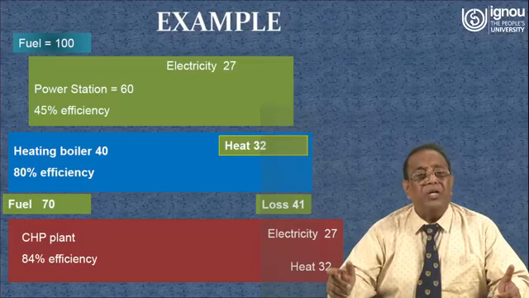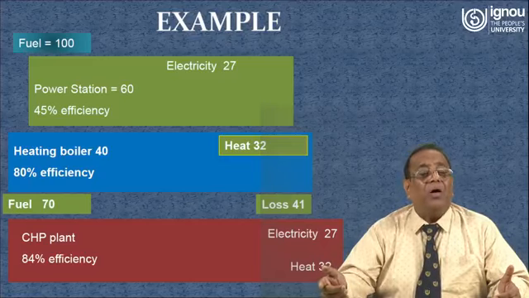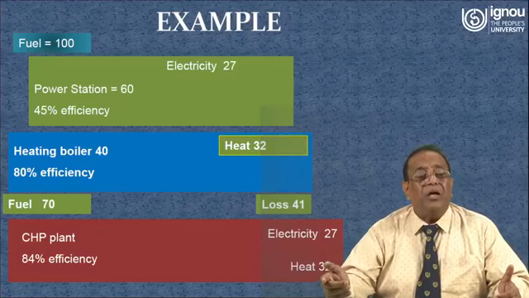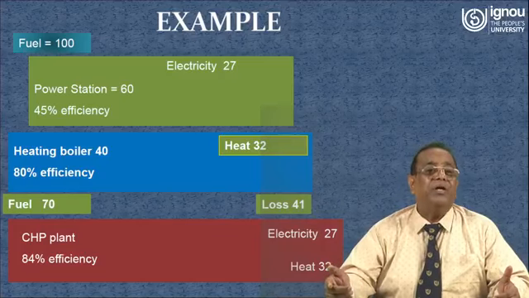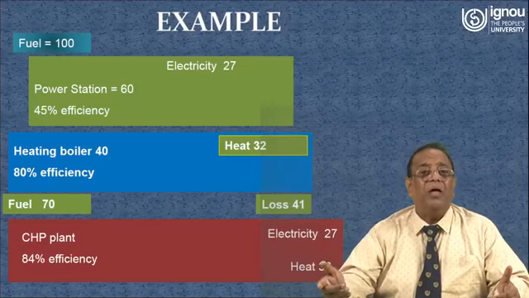So, 60 into 0.45 comes out to be 27 units. Out of 60 units of energy given as input to the power station, we get an output of 27 units of electrical energy.